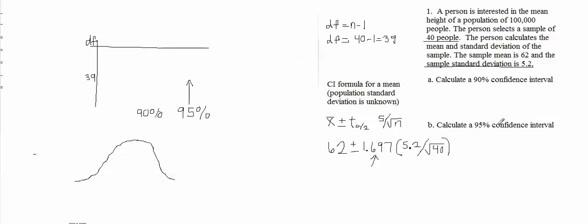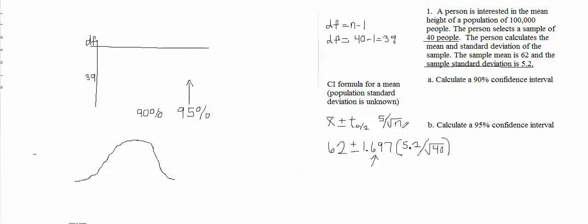And you might be wondering why we would have to switch the z-score for the t-score. The reason is because when you replace the population standard deviation with the sample standard deviation, it can throw off the margin of error, because when you substitute with the sample standard deviation, the sample standard deviation usually isn't the same number as the population standard deviation, and that throws off the margin of error.